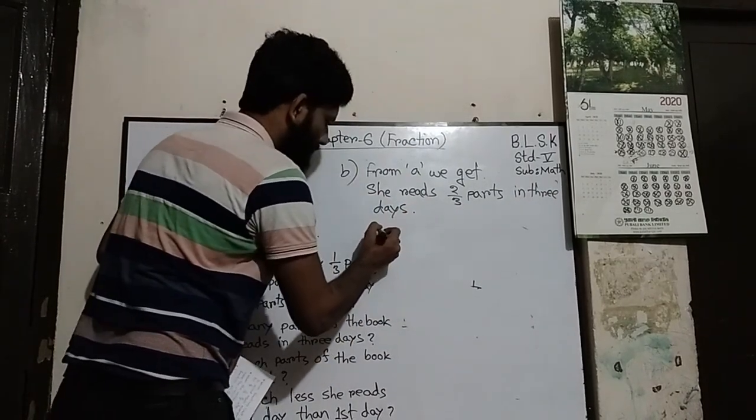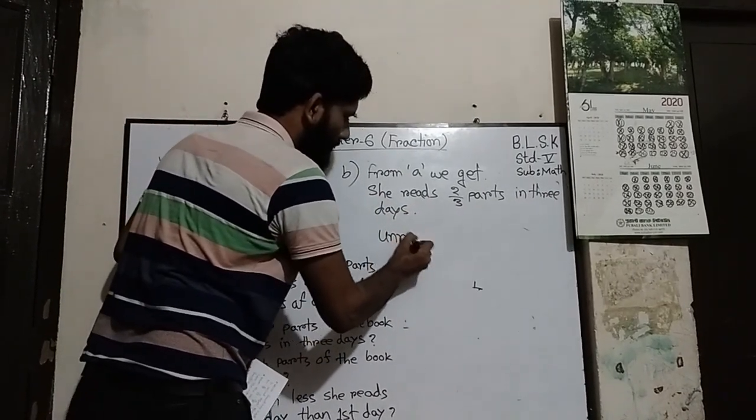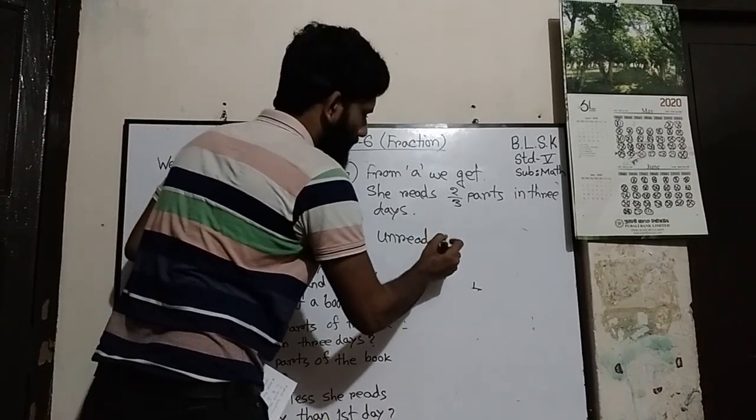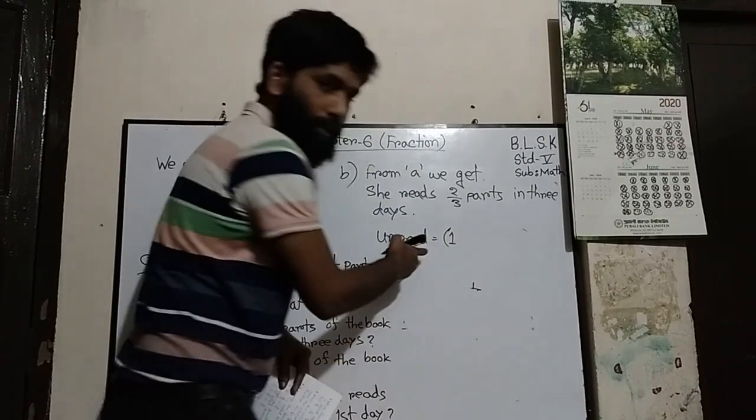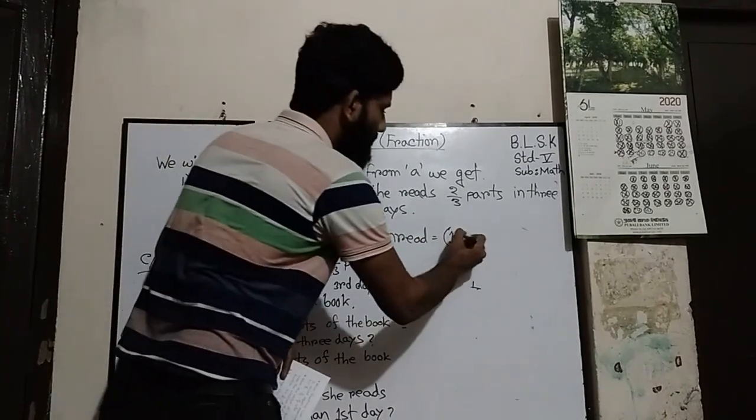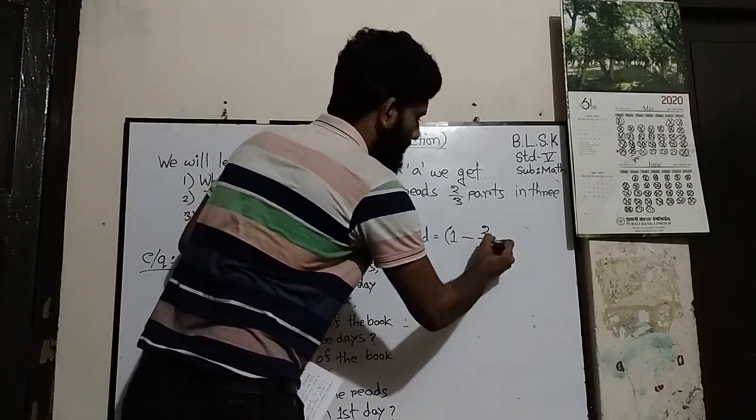So the unread part equals the total book, 1 whole, minus 2 by 3 part.